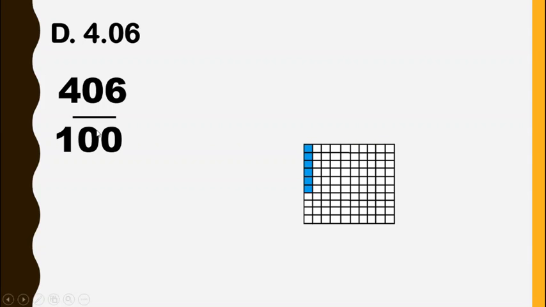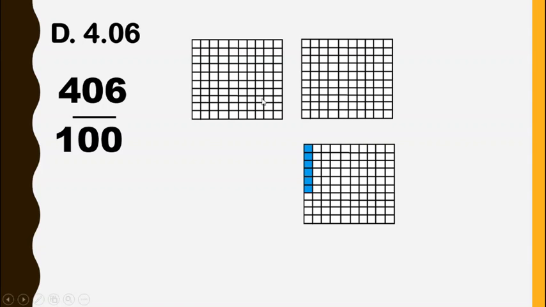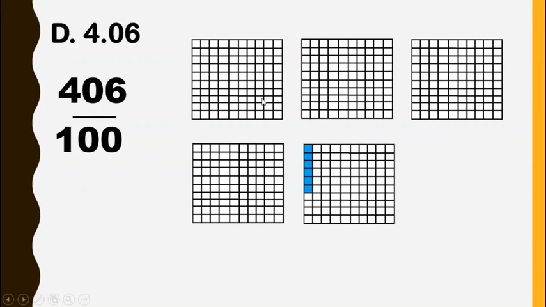So let's have letter D. We have 4.06. Again, we need to write the digits 406. So we got the whole number 406. And the last digit is 6, wherein the place value is hundredths. So 406 over 100. So we need to have 5 hundreds grids because we are having 406.